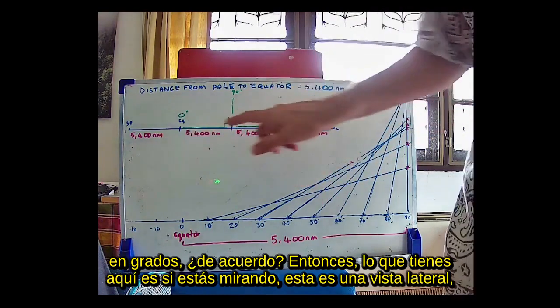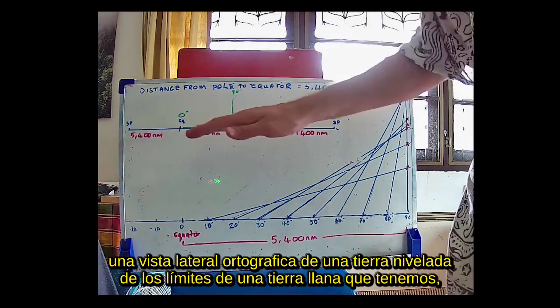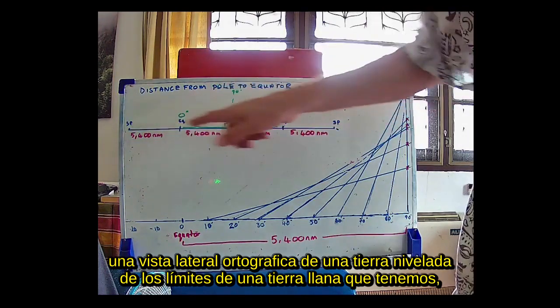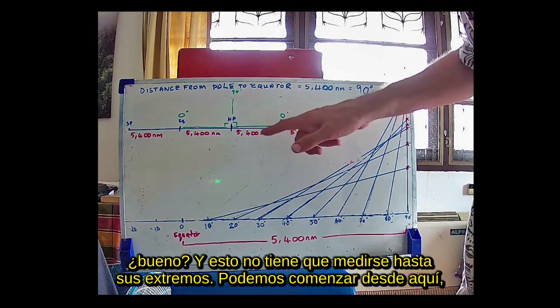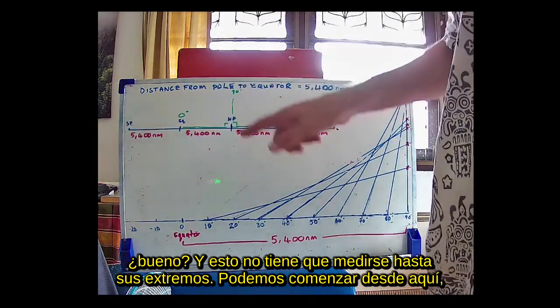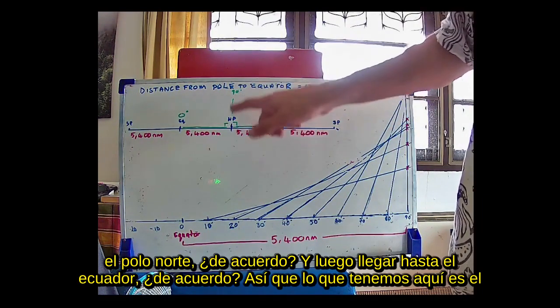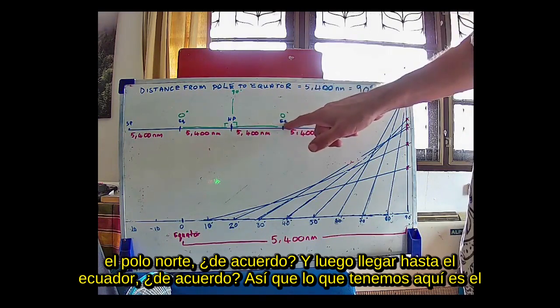Okay, so what you have here, this is a side-on view, an orthographic side-on view of a level Earth, or the boundaries of a level Earth that we have. Okay, and this doesn't have to be measured to its extremities. We can just start off from here, the North Pole, okay, and then get as far as the equator.